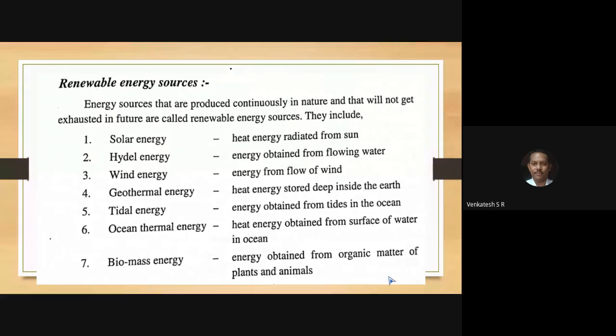Next line, number four, geothermal energy: heat energy stored deep inside the earth.